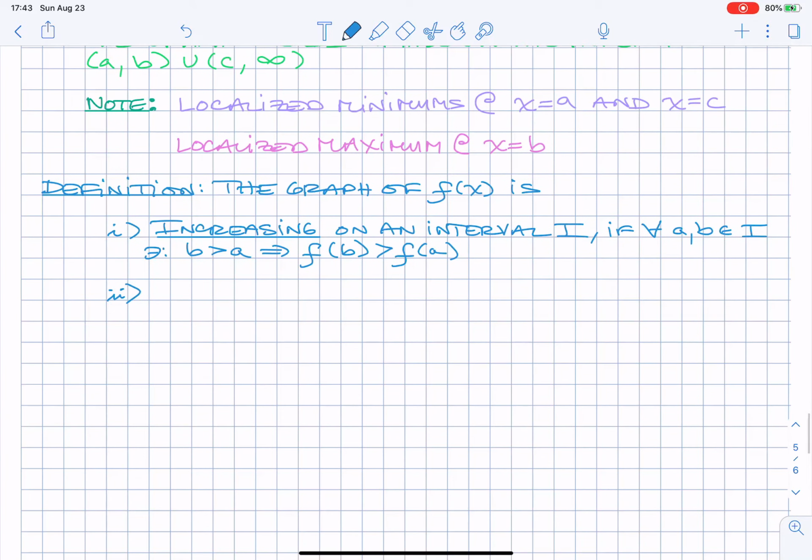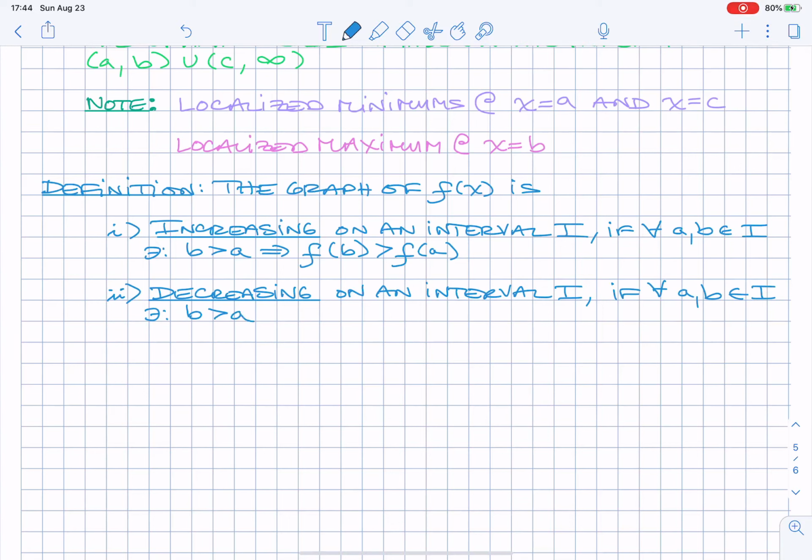So the analogous definition for decreasing is if you're going downhill in reading direction. So decreasing on an interval I, if for all A and B on that interval such that B is larger than A, now we want the y values to be decreasing.